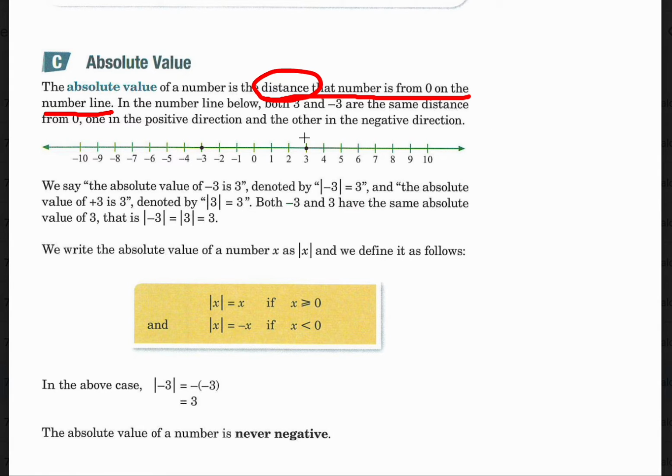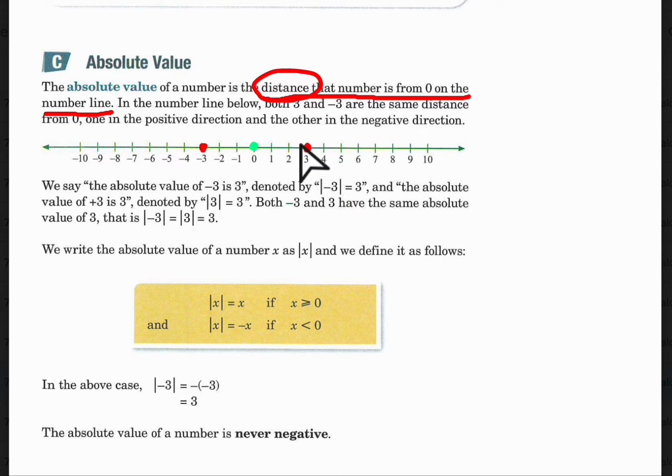So for example, if we're looking at positive 3 and negative 3, and we wanted to know their distance away from 0, put 0 right here in a different color, all they're asking us to do is to figure out how many jumps that number is from 0.